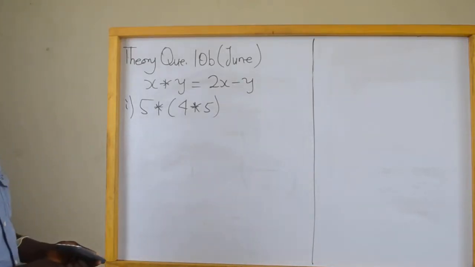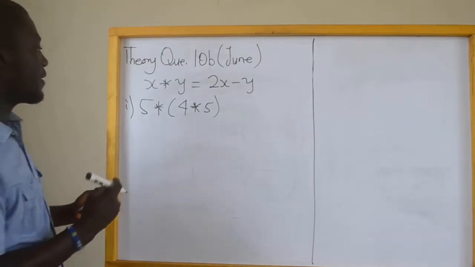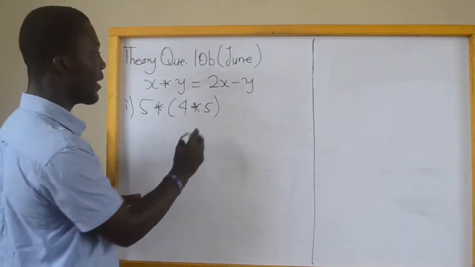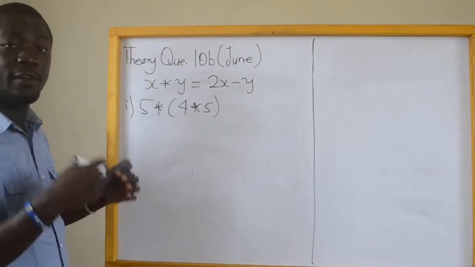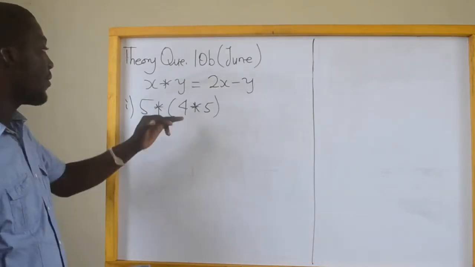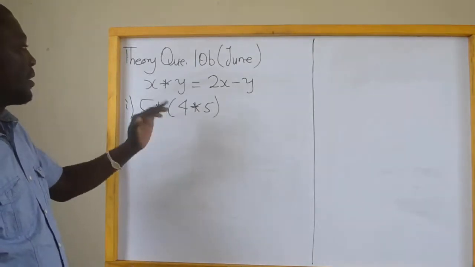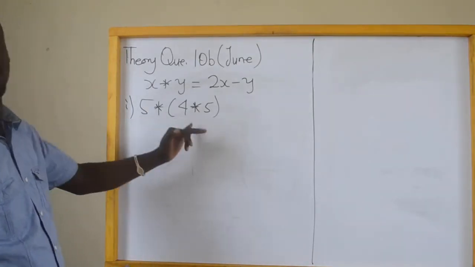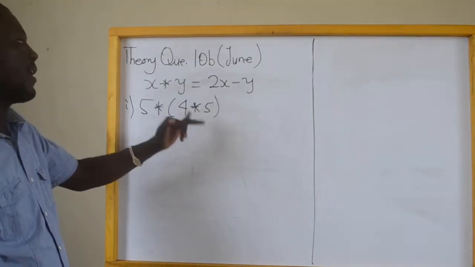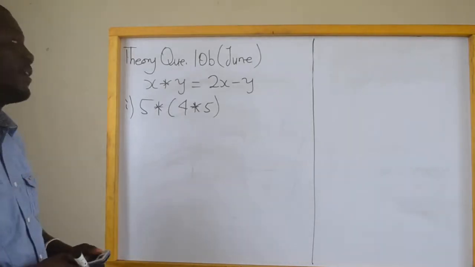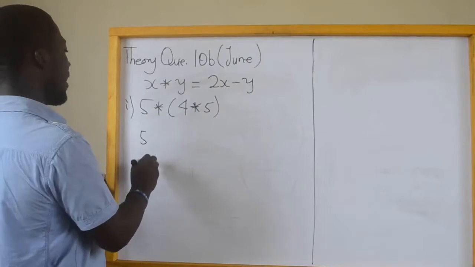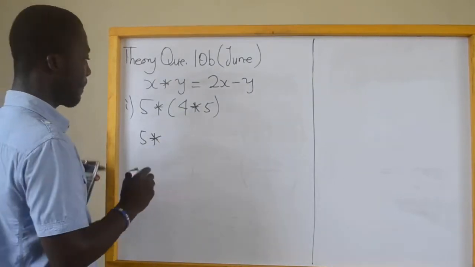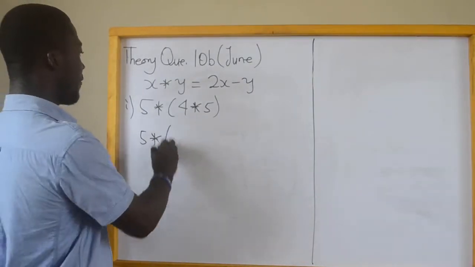What we are going to do is, first of all, deal with the content of the bracket, and after which we are going to deal with 5 star the answer that we will have as we deal with 4 star 5. So we begin by writing 5 star, 4 star 5.